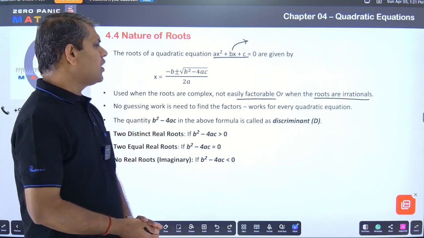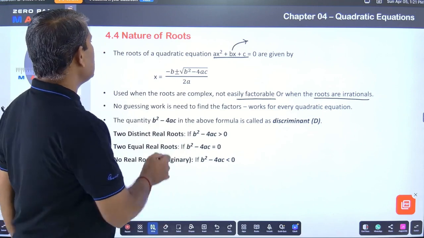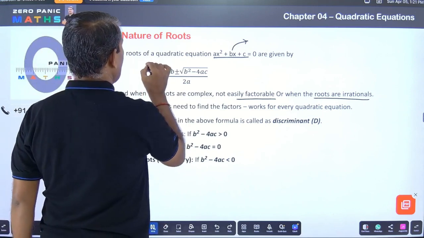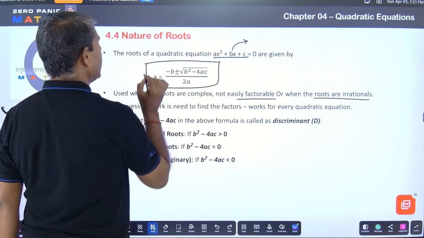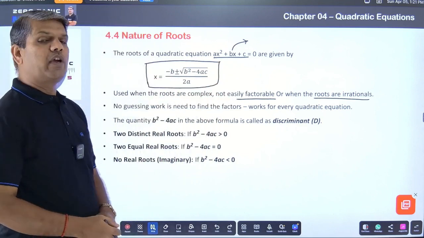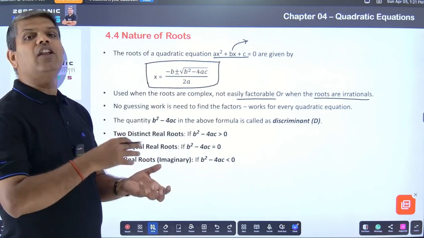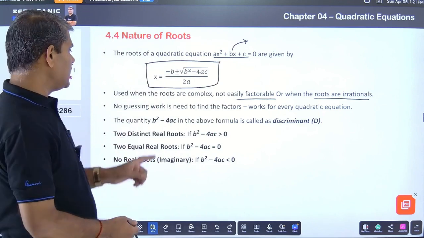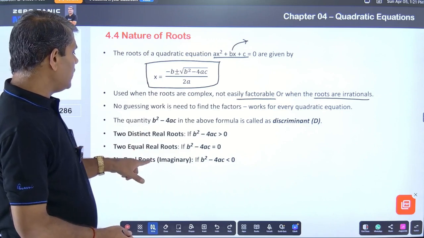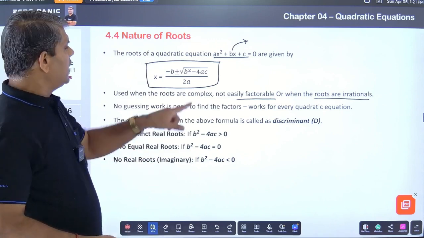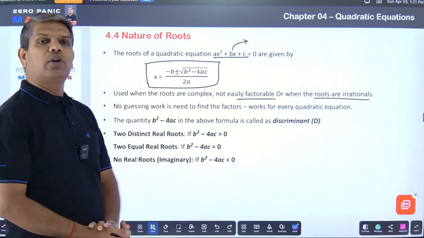Because of that, we have an already proved formula for finding the roots of a quadratic equation, and to decide the nature of those roots, this is the formula that we are going to use.